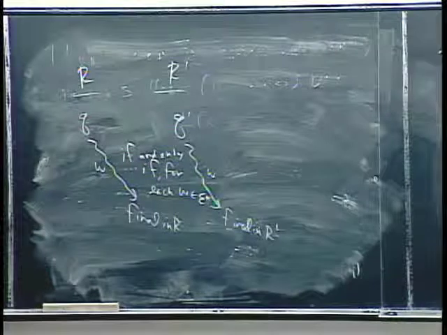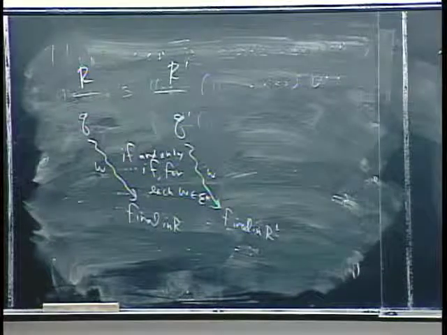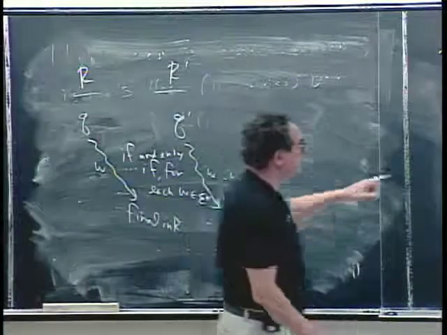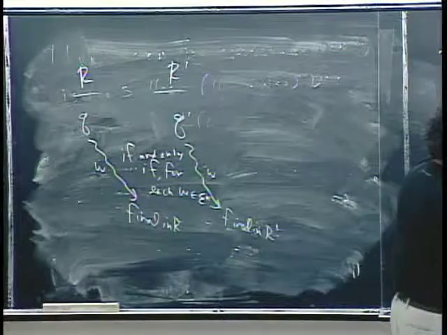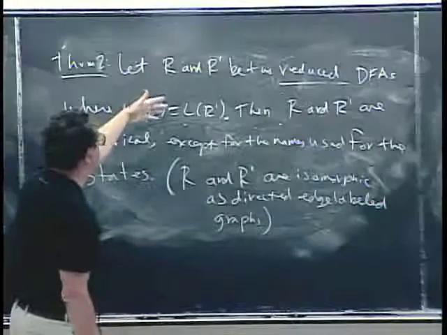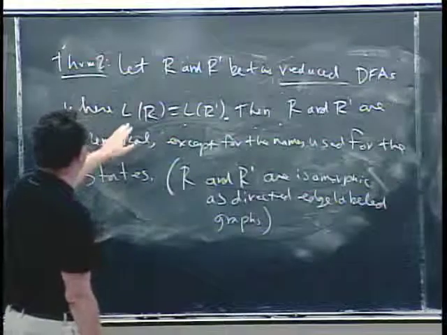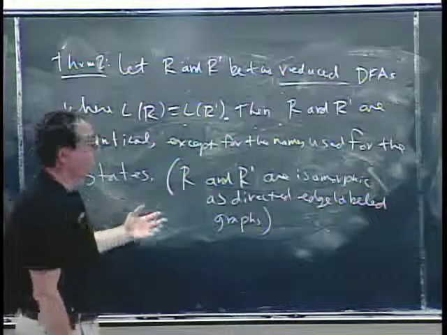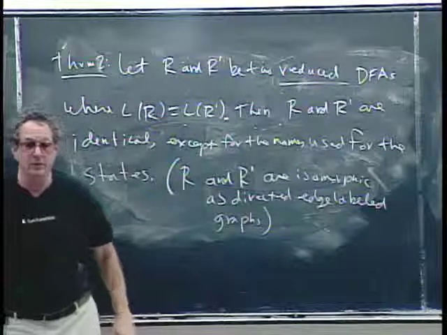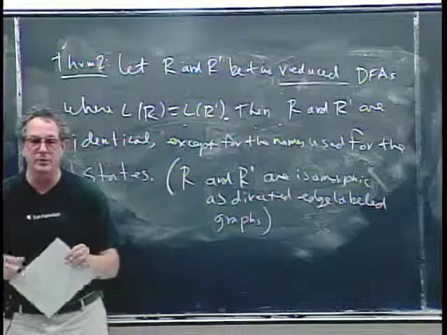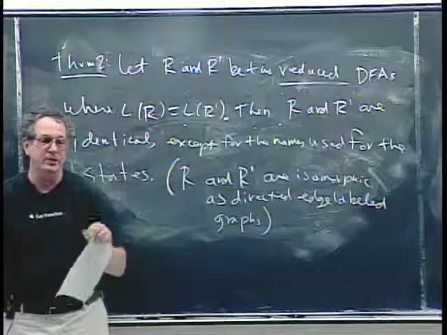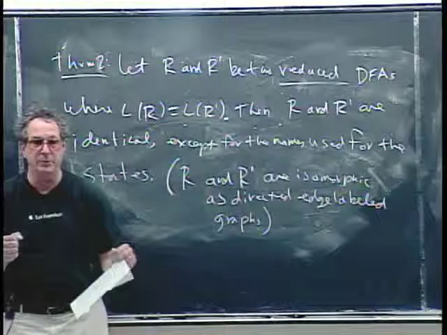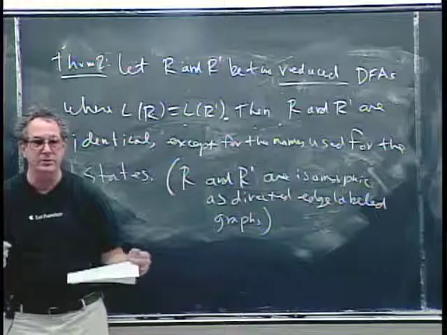Okay, so I'm trying to prove that R and R prime are identical, on the assumption that they're both reduced DFAs and they recognize the same language. In order to show that they're identical, I want to show a correspondence between states in R and states in R prime, and edges in R and edges in R prime.